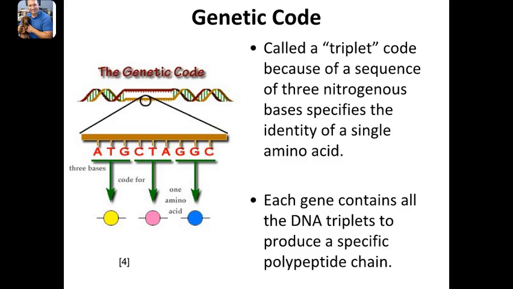The genetic code is also called the triplet code because there are these three nitrogenous bases. Again, here we have adenine, thymine, guanine, cytosine. These three nucleotides or bases are going to code for a protein. There's going to be complementary coding here.